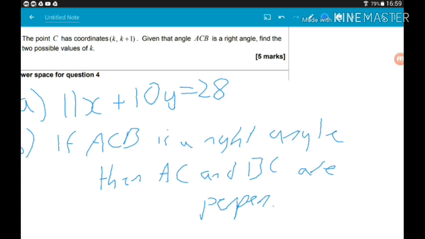So, what does that mean? Well, if two lines are perpendicular, their gradients multiplied together give -1. So if we find the gradient of AC and the gradient of BC and multiply them together, that has to give us -1.